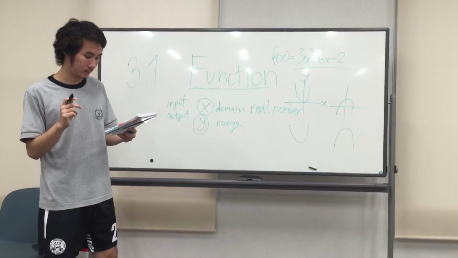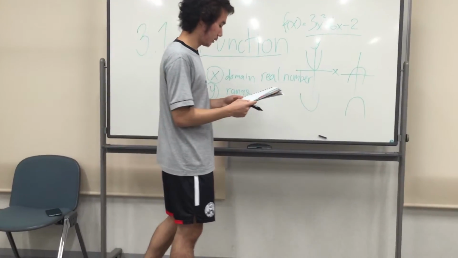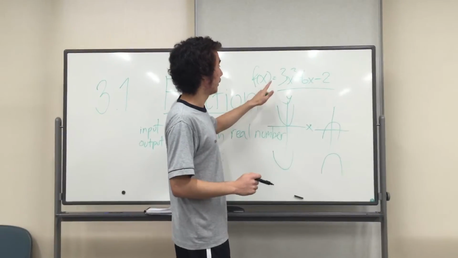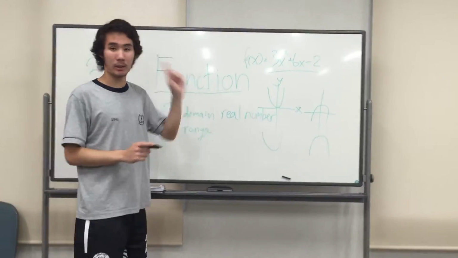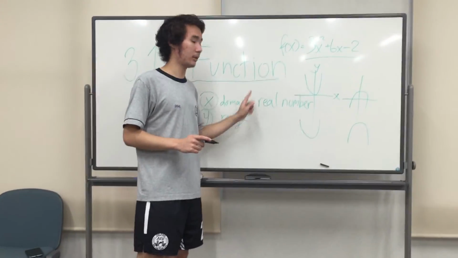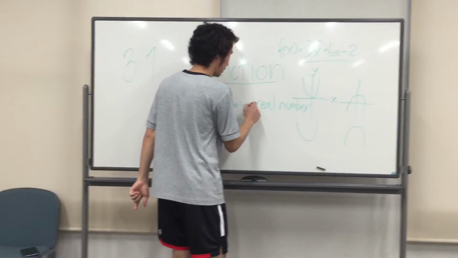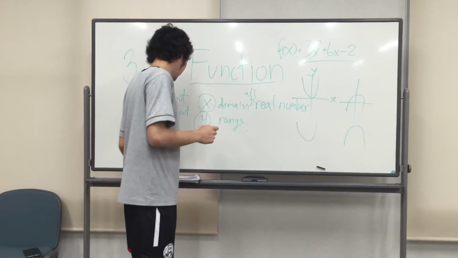As we know, this is already a function, and we already know that the domain of this function is all real numbers. Oh, sorry, I missed the word all. It should be all real numbers.